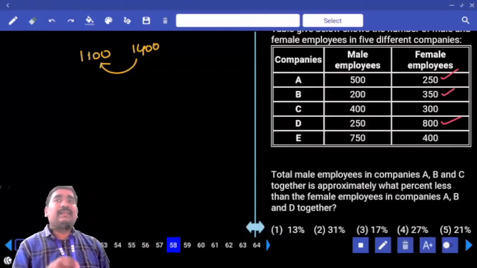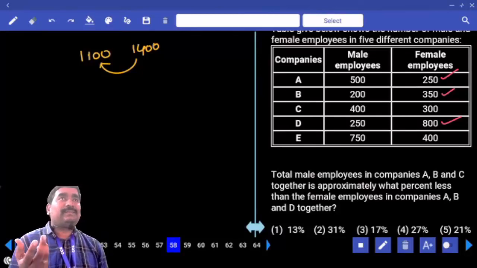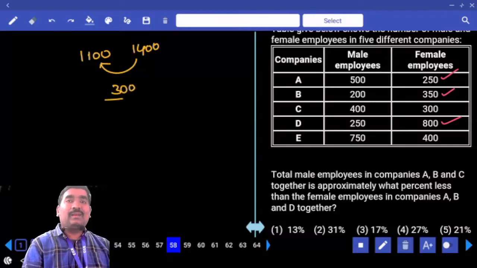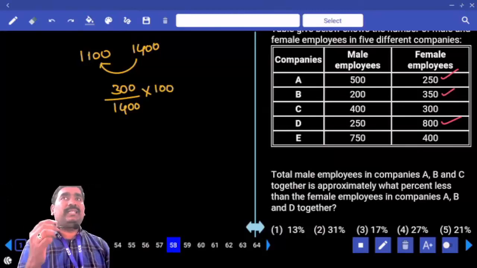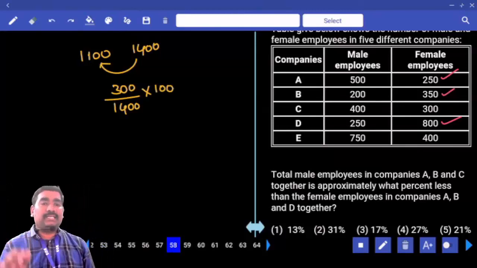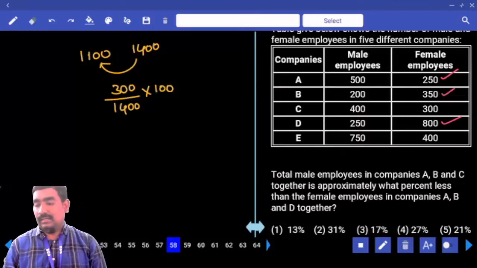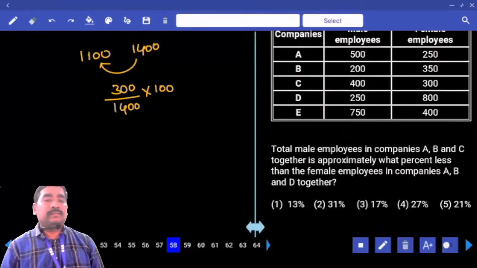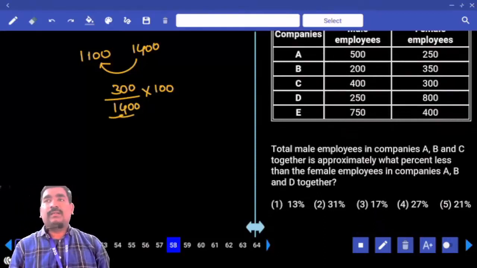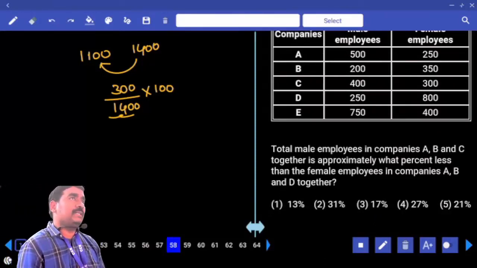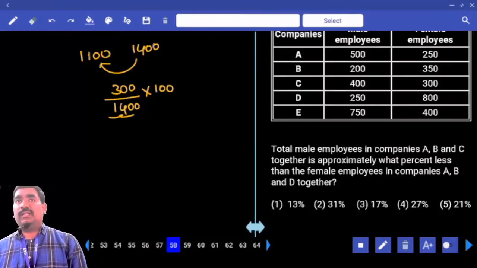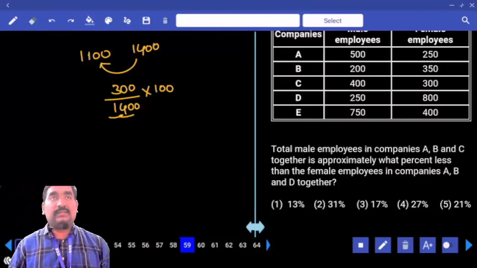Percentage less means difference by the more value. If it were percentage more, it would be difference by the less value. Approximately how much percent? 21%. 10% is 140, 20% is 280, 1% is 14, 21% is 294, which is close to 300, so approximately 21%.